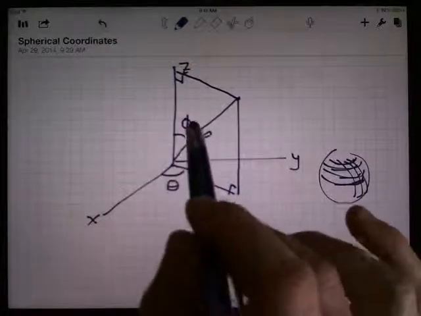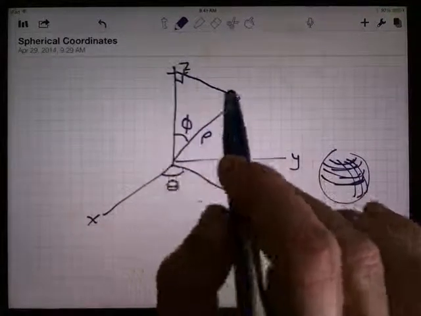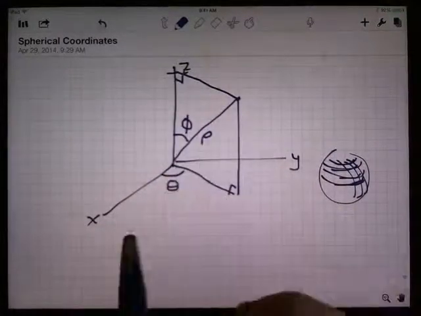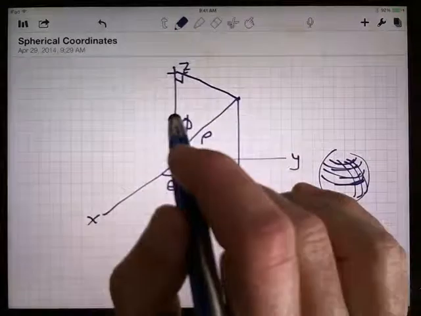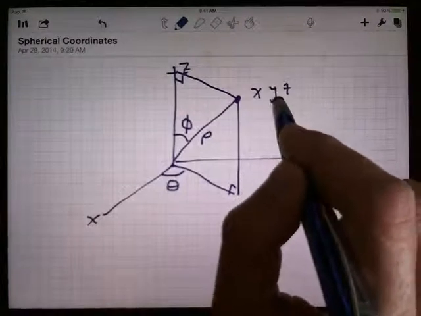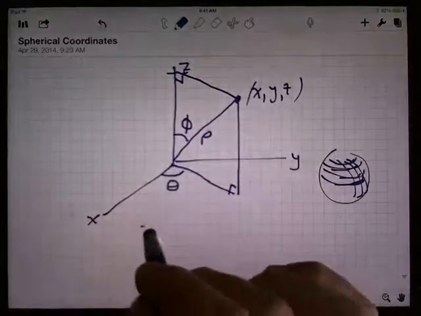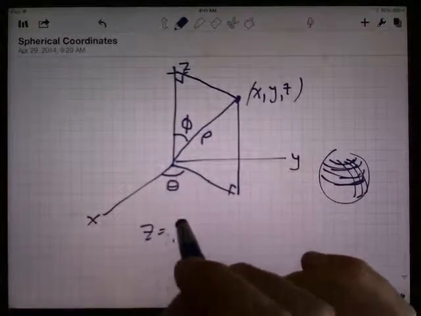I think I can see clearly what the z-coordinate is then, because I've got a right triangle here with an angle of phi and a hypotenuse of rho. So the z-coordinate is rho times the cosine of phi.